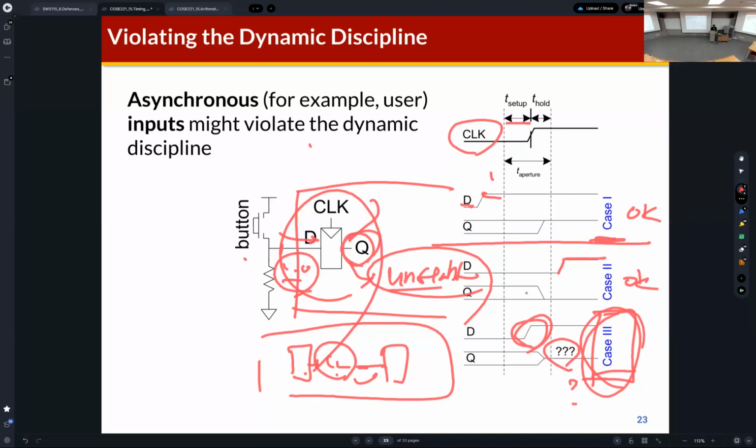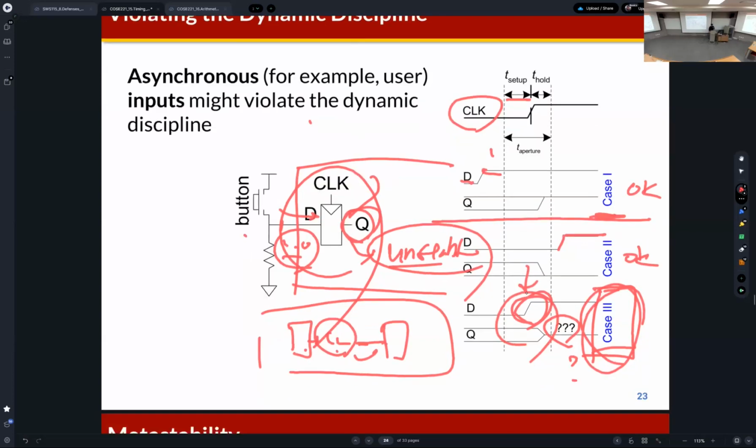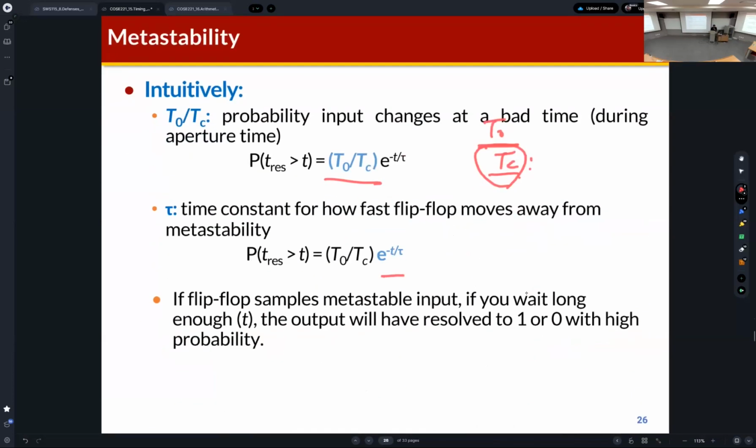But if the user pushes the button during the aperture time, like stage 3, then the system can work incorrectly. It's because this is a function of probability. So T0 divided by TC is the probability that the user can push the button during the aperture time.